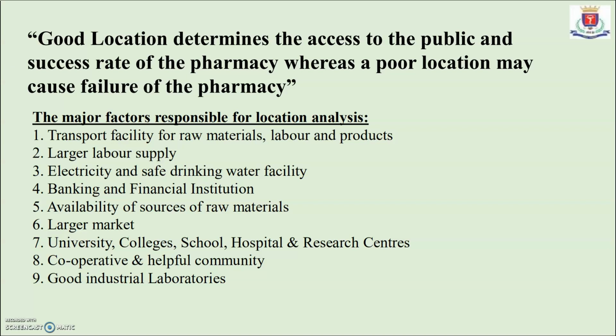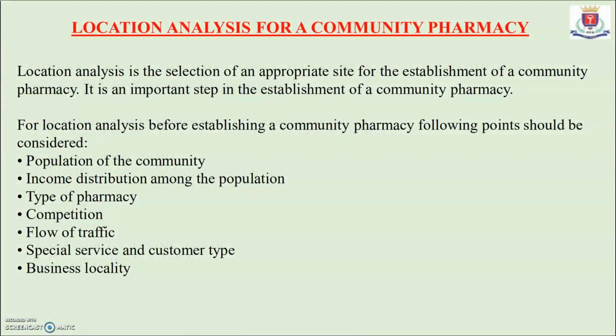Banking and financial institutions. Availability of sources of raw materials, larger market. University, colleges, school, hospital and research centers should be near. Cooperative and helpful community, and good industrial laboratory. So these are the factors which are responsible to analyze or to select a proper location for our community pharmacy.